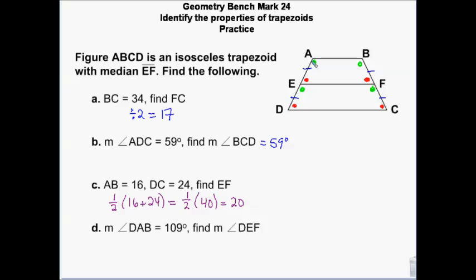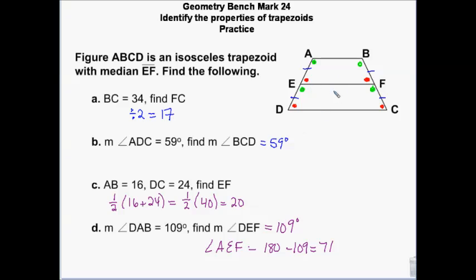And then DAB, that's this green one right here, is 109. DEF is this red one right there. No, DEF is this green one right here, sorry. DEF, not AEF. So I have two green ones, so they match. So that's also 109. If I wanted to find AEF, I would have taken 180 minus 109, which is 71.